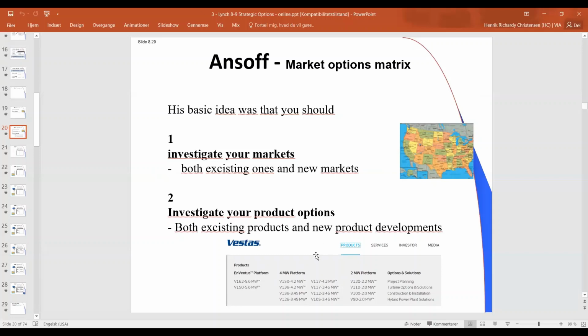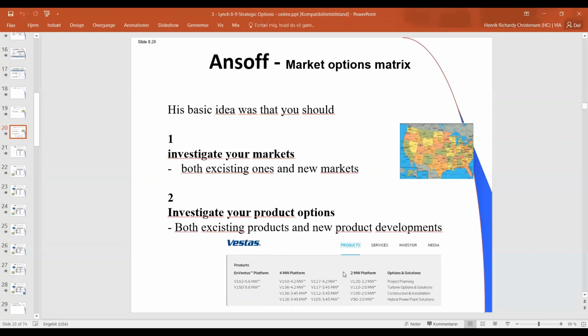And here I just took this from, we had talked about Vestas a couple of times. I simply took the product portfolio from Vestas. This is what they produced. As you can see, they produce different kinds of wind turbines. And therefore, we should look into our existing products, which would be these.